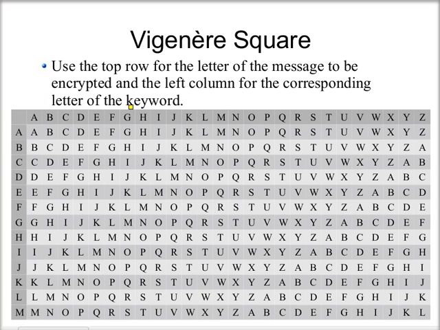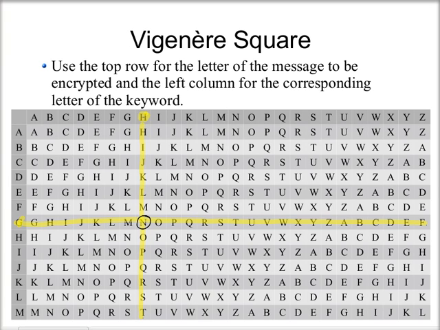In my example, I was encrypting the letter H using the letter of the keyword G. So I would go down my column for H and find where that intersects my row for G. That shows me the encrypted letter is N, which it was.